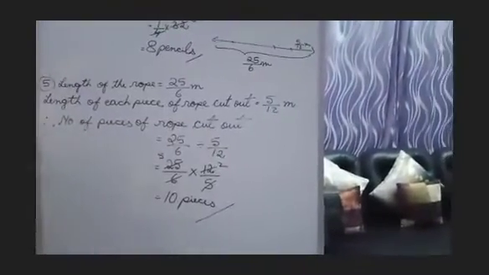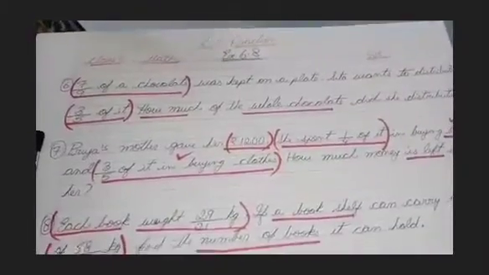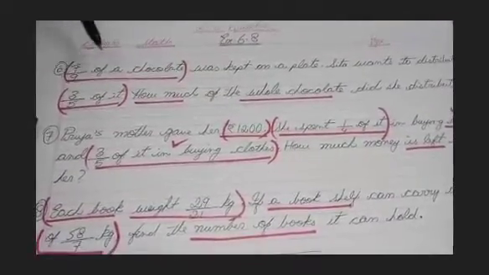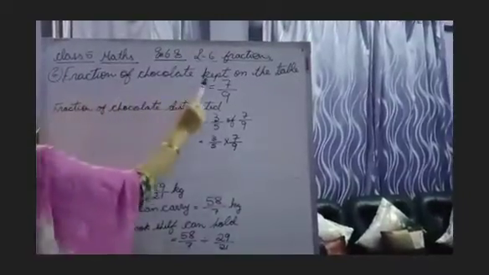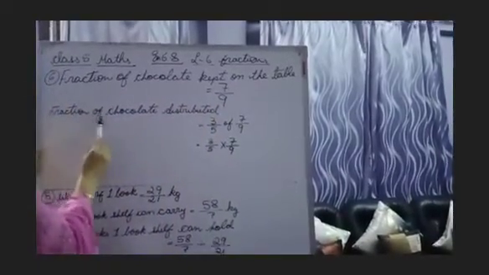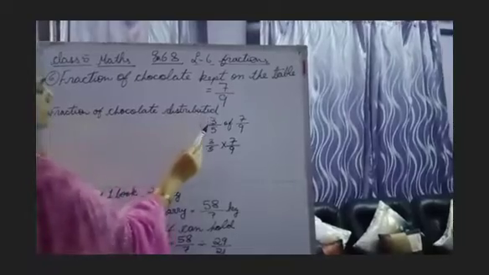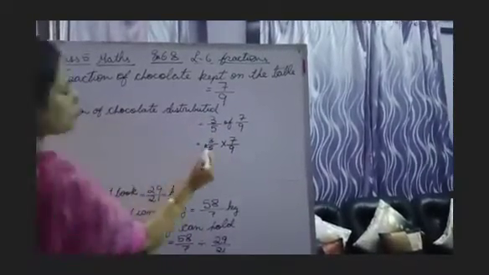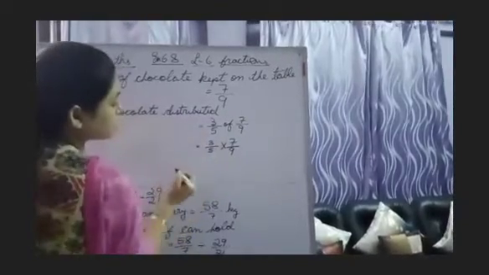Now we will go to sum number 6. Exercise 6.8, number 6. The fraction of chocolate kept on the table is 7 by 9. The fraction of chocolate distributed is 3 by 5 of 7 by 9. Can we do some cancellation here?